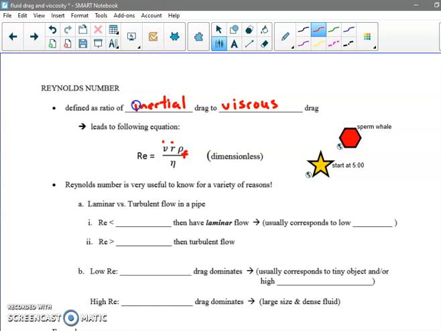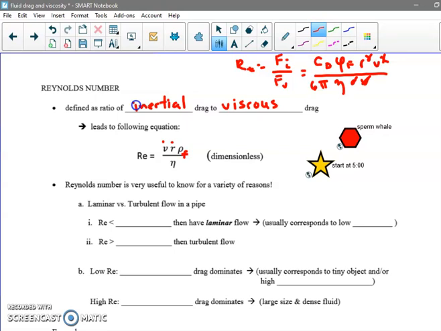Okay, so where does this equation come from? Well, it simply comes from the definition, right? So if Re is inertial fluid drag divided by viscous fluid drag, then we have C_D, that's the coefficient of drag, and this is going back from previous notes, the previous page, R squared, V squared. And then for the viscous drag, we have 6 pi eta R V. So we see that the V squared and V cancel out, R squared and R cancel out.